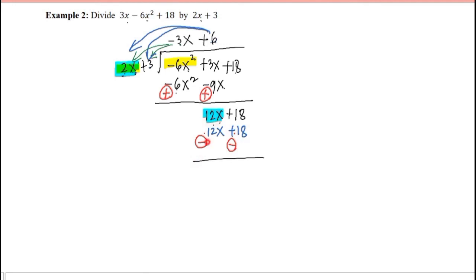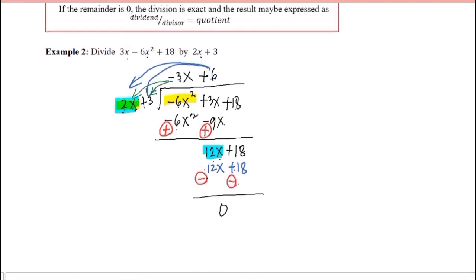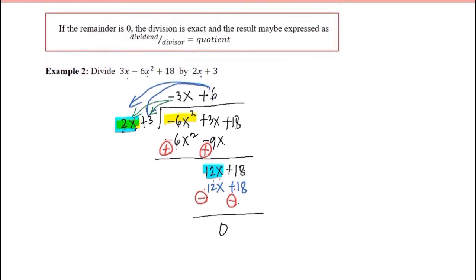Positive 12 plus negative 12 is 0. Positive 18 plus negative 18 is 0. So, as you can see here, our remainder here is 0. So, meaning, itong nasa taas, ito na yung sagot natin.